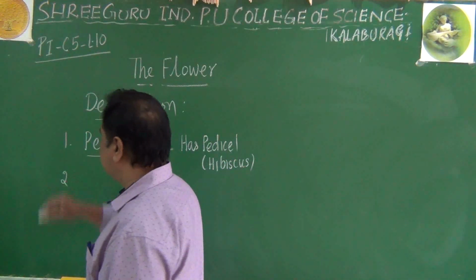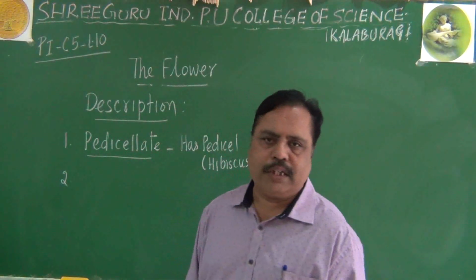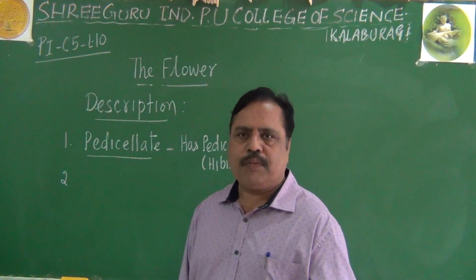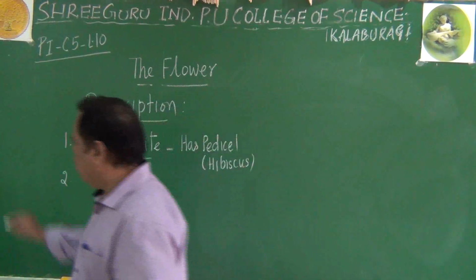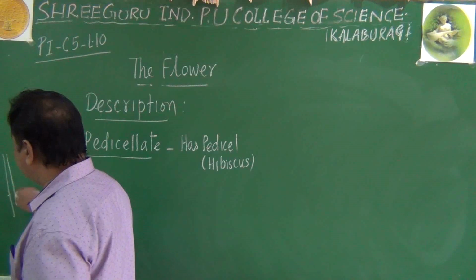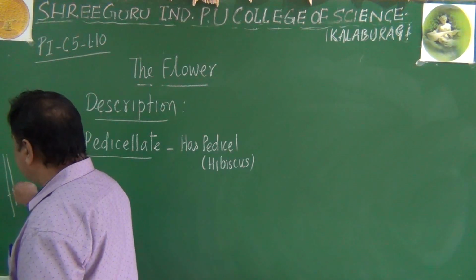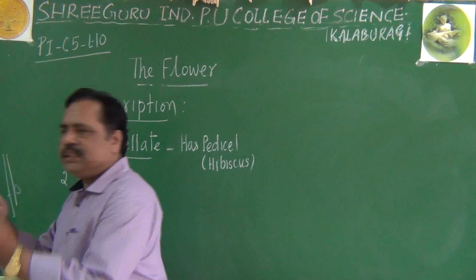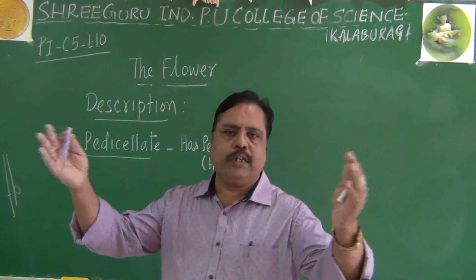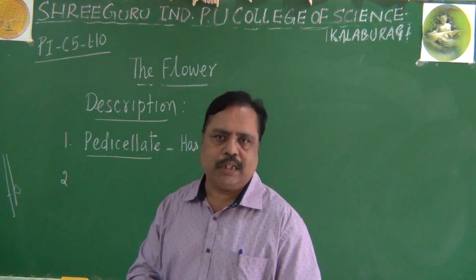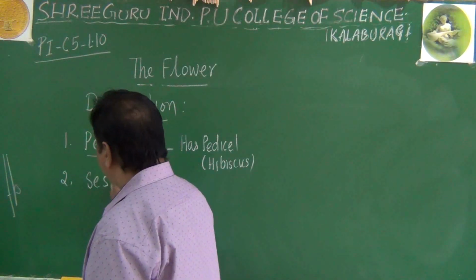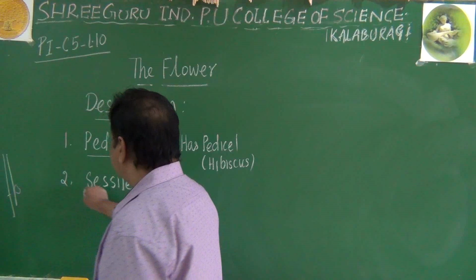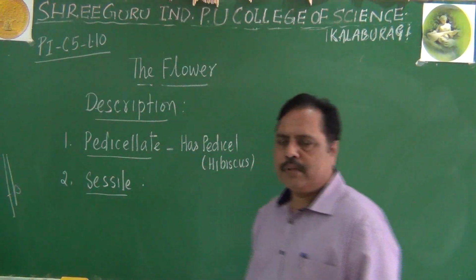Second terminology to describe a flower is, there are flowers which do not have pedicel. They will be directly attached to the stem of the plant like this. Directly the flower is attached. They do not have a well-defined pedicel. So that is called a sessile flower.